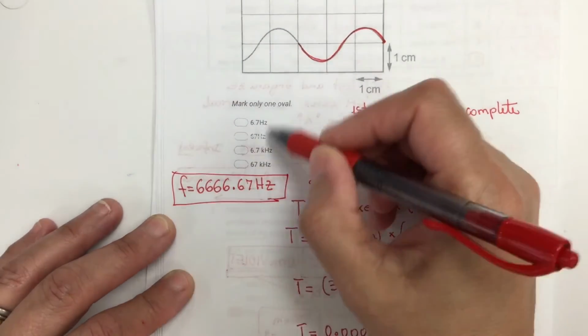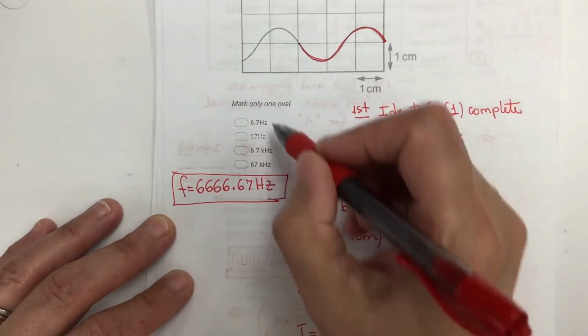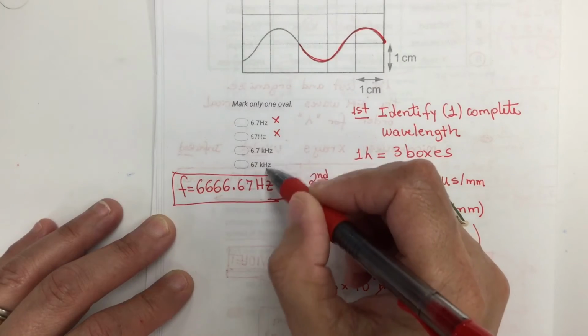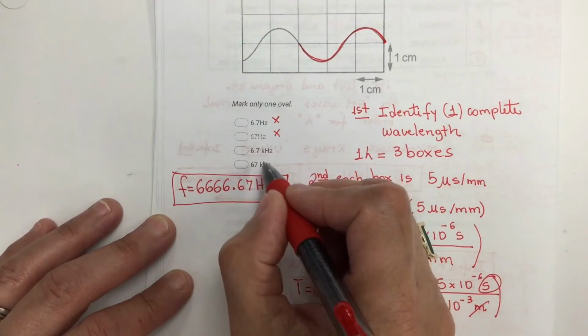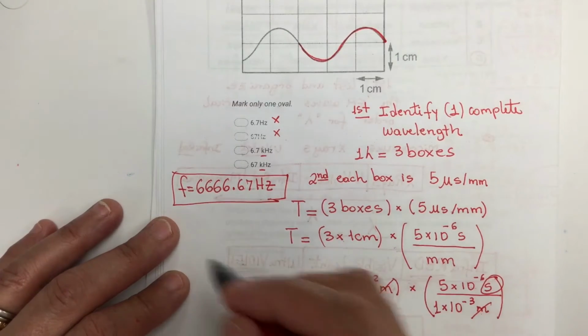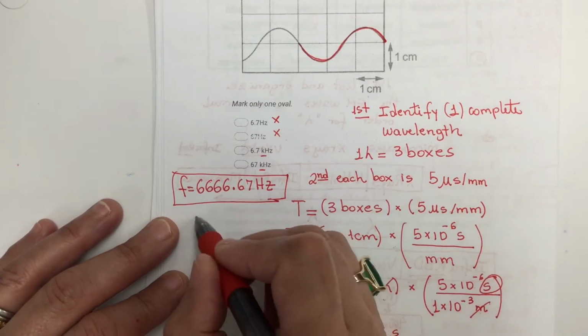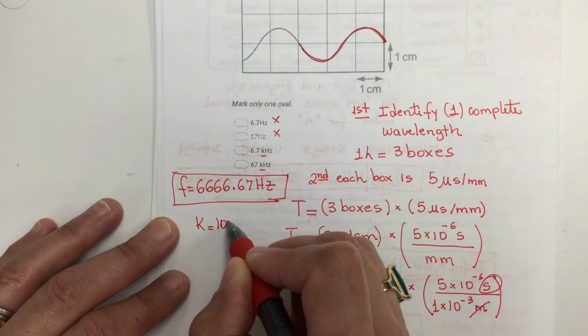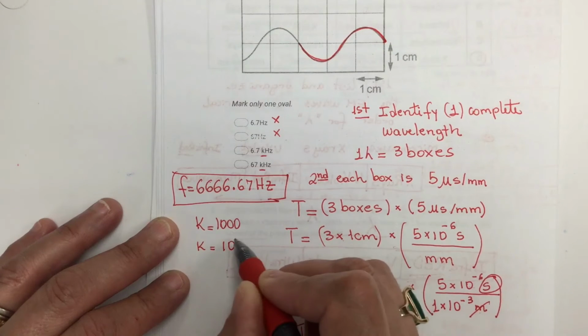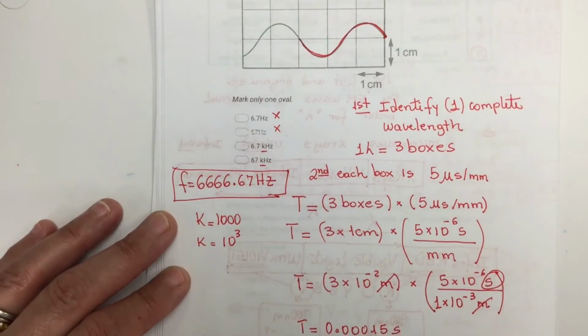However, this is not one of the options, so it is one of those two here. In both of them we have the prefix kilo. Kilo is 1,000, or 10 to the third power.